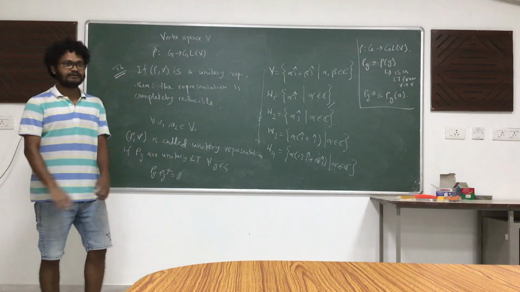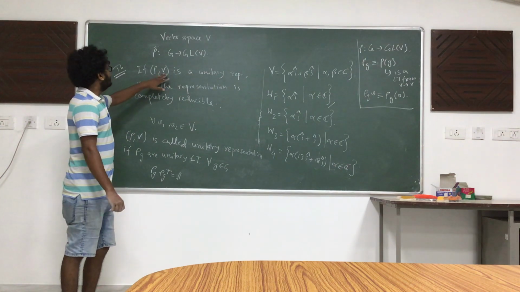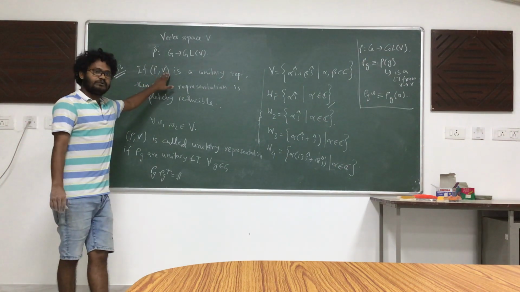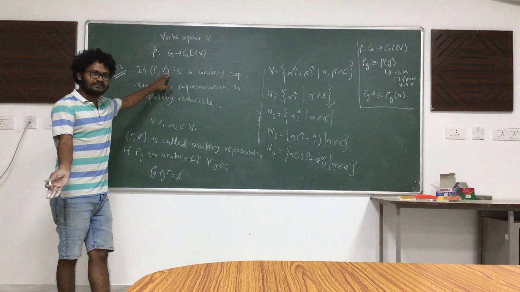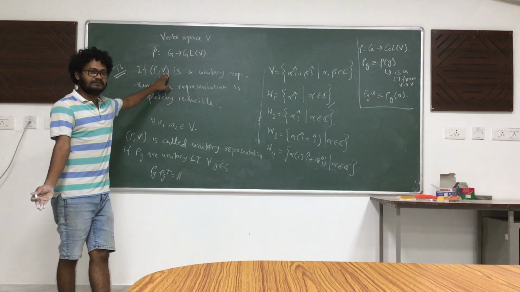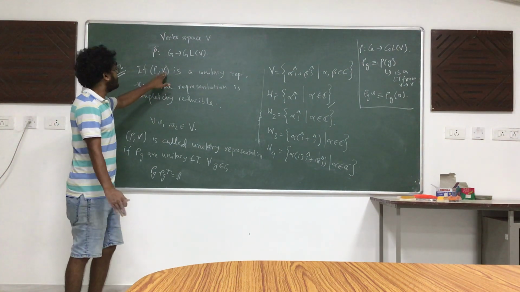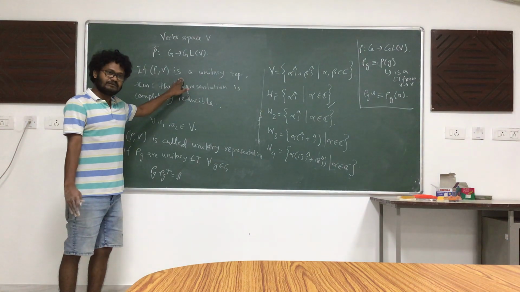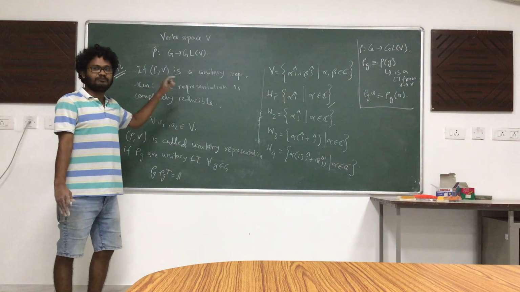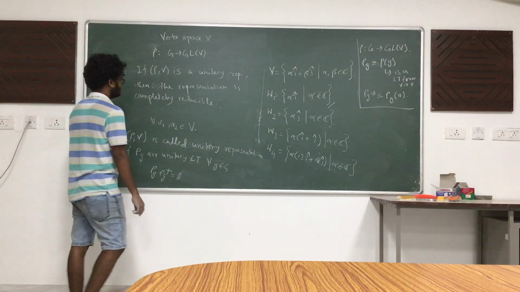What does that mean? That if we find a unitary representation and we find a sub-representation W of V, then we'll find another sub-representation W prime, such that W and W prime will be complements of each other in V.